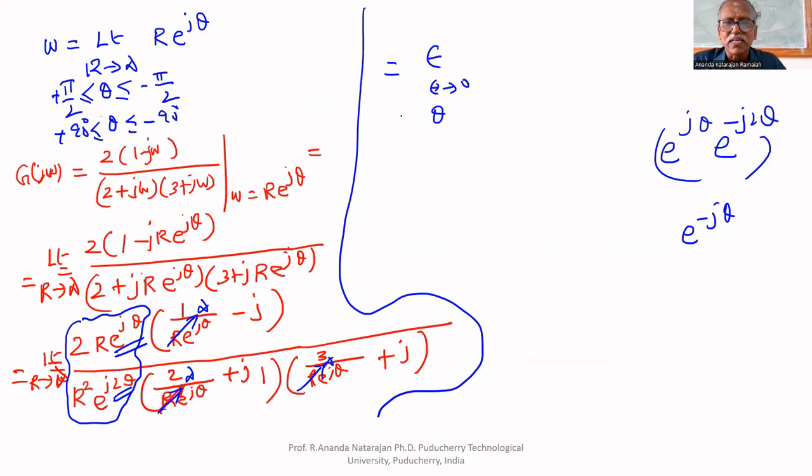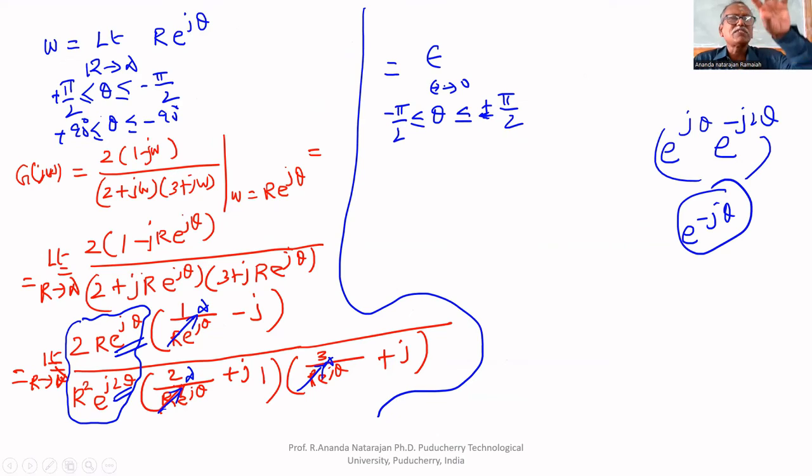Therefore, theta varies from minus pi by 2 to plus pi by 2, opposite, because of this negative sign. But anyhow, epsilon is 0. Its angle varies means that point is rotating like this. That is the meaning. That point is rotating like that from minus pi by 2 to plus pi by 2.